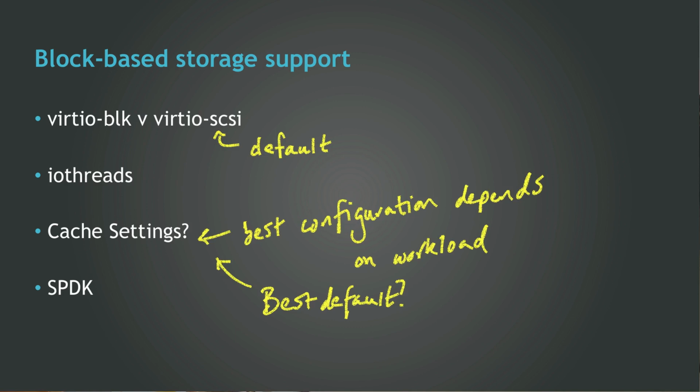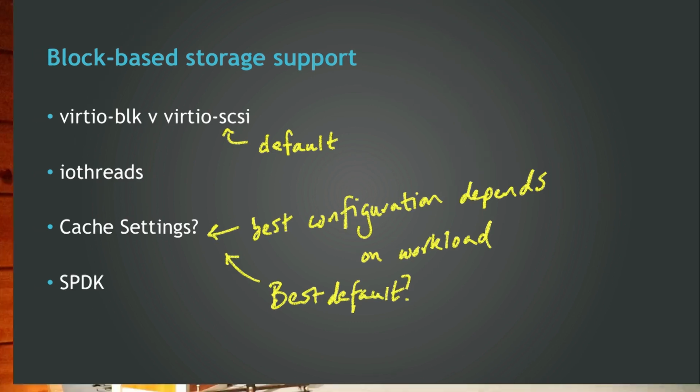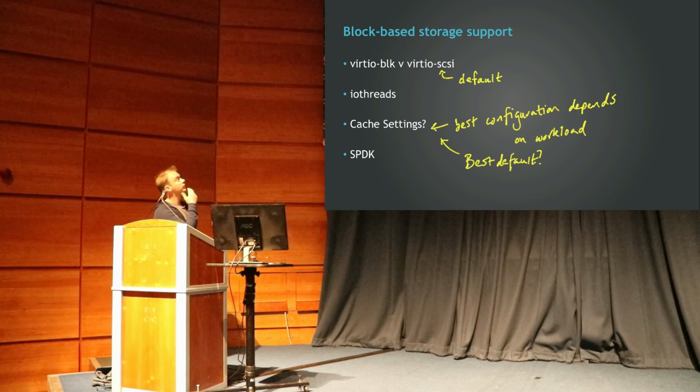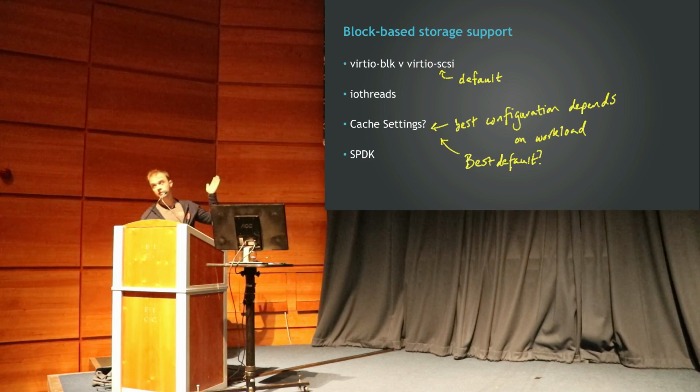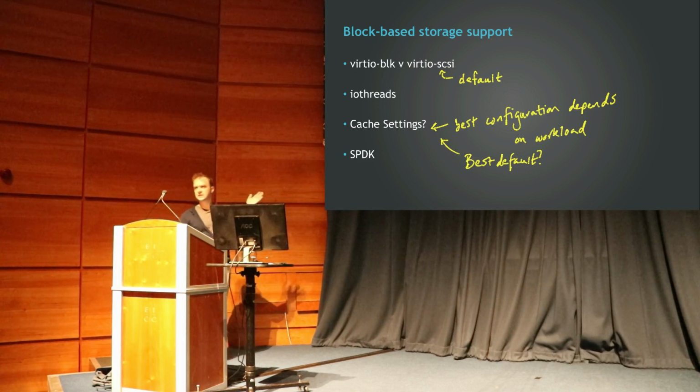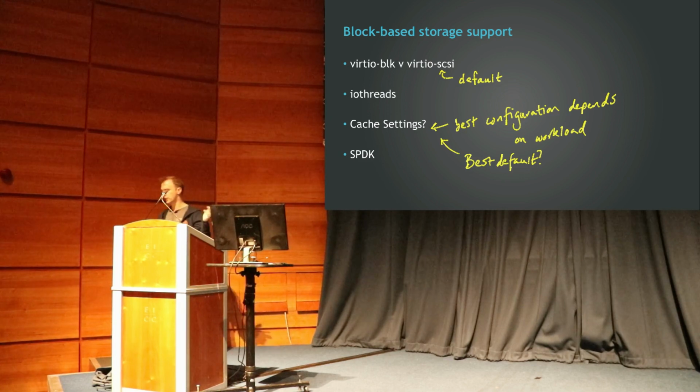So some questions as I go through here and try to do some performance work. By default, we use VirtIO SCSI. From all the reading and talking to people, it seems like this is where the development is going as far as block storage. We have it configurable to use IO threads. It's not set by default. I'm still working to get the real performance impact of this.